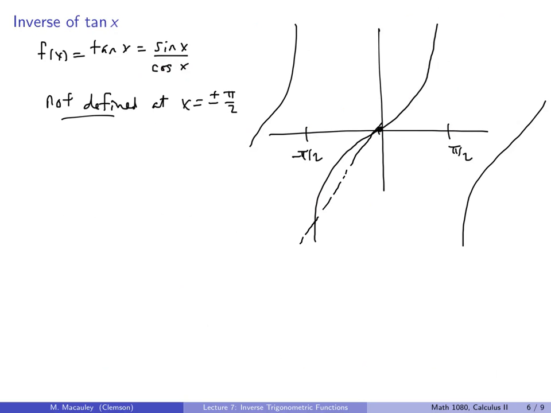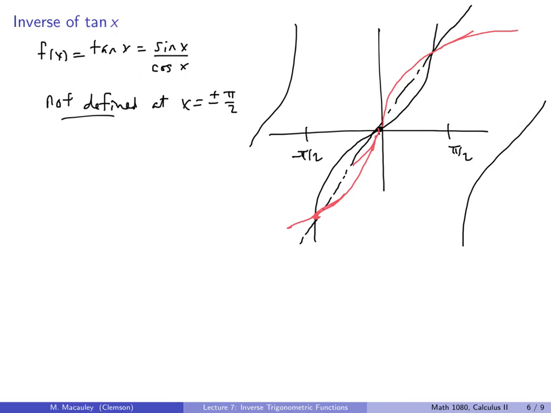Let me try to draw that inverse function. Let me first draw the line y equals x. So that inverse function is going to look like that, and then it's going to intersect there and look like that. Notice, just like how this guy has a vertical asymptote, this thing has to have a horizontal asymptote.